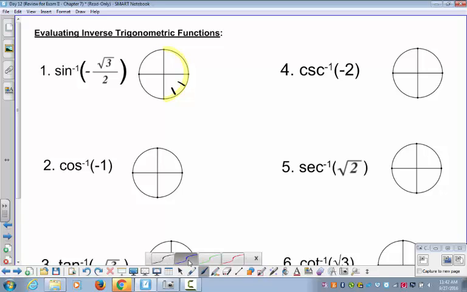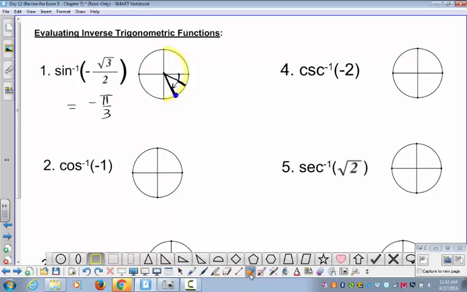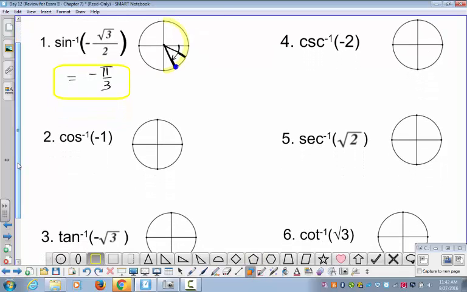And we know that we're dealing with this angle right there, the one where the sine value is negative root 3 over 2. So the only way we can get to that angle, we have to stay on the right and come down. And so what should that angle be? Negative pi over 3. Yep. Once these start to make sense, it's like, oh, yeah, I get it.